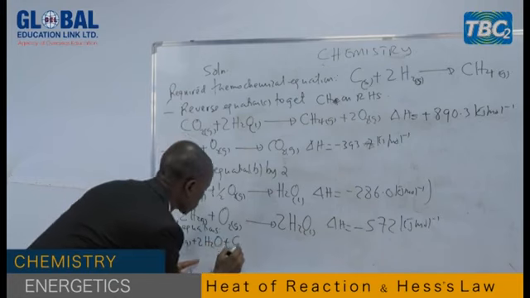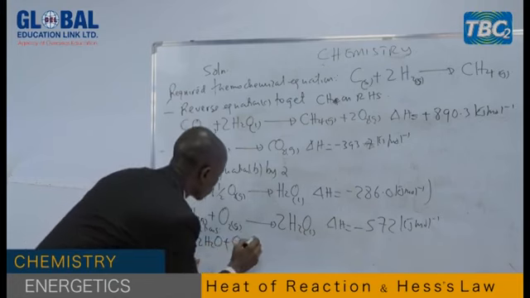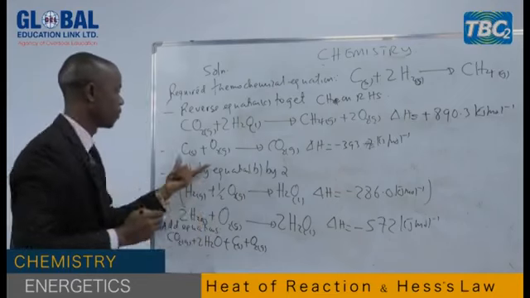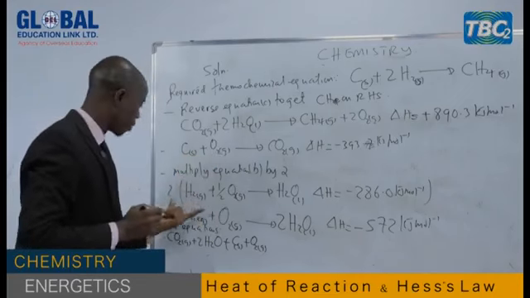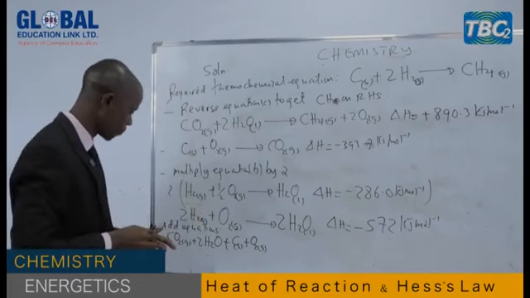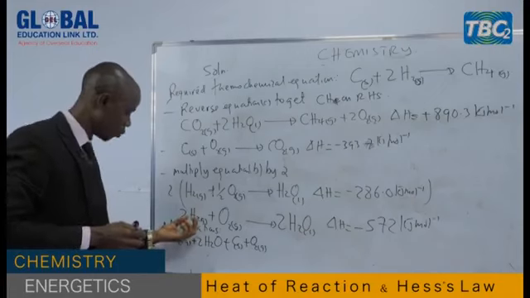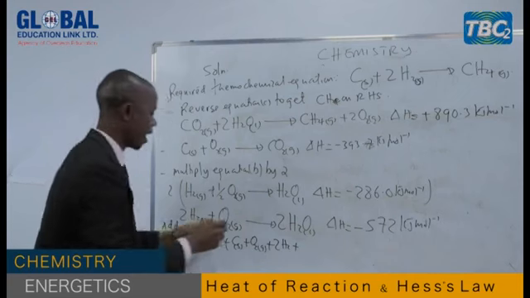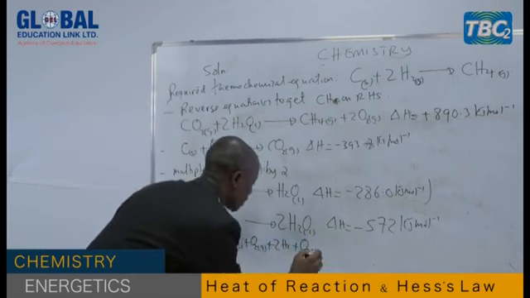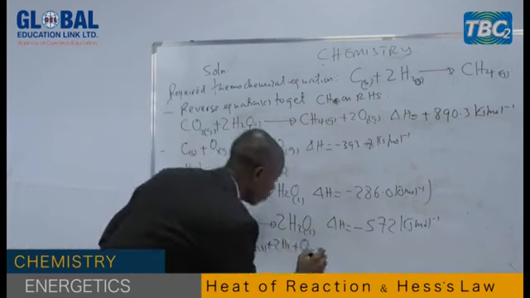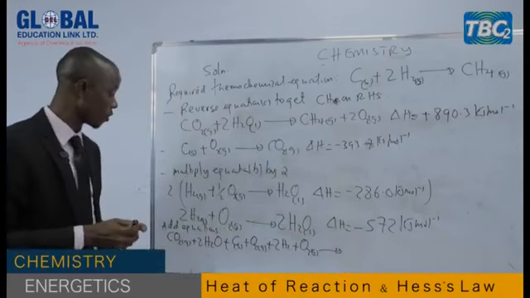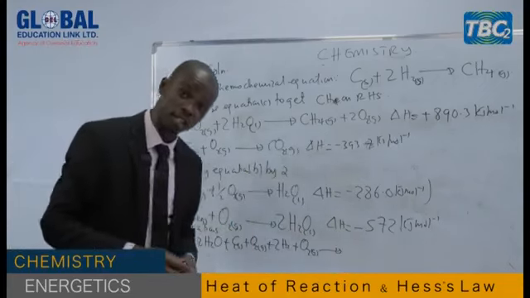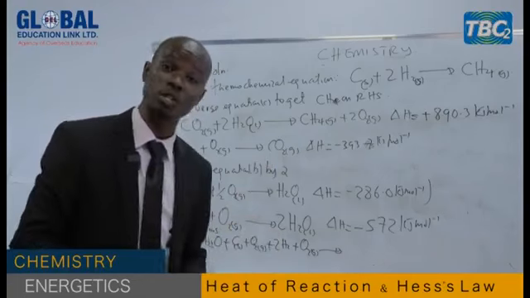This is carbon solid plus oxygen gas. We go to the third one, hydrogen. We have 2 hydrogen gas and oxygen gas. So we have already completed all the reactants for the 3 manipulated equations.